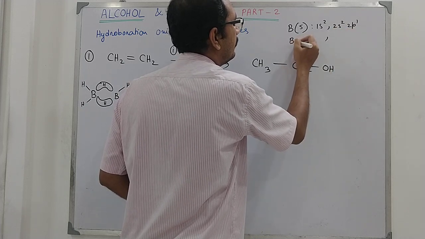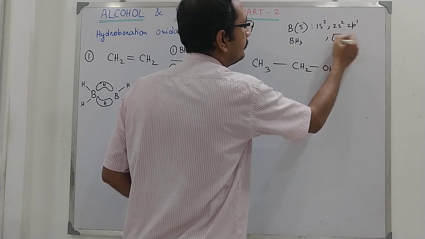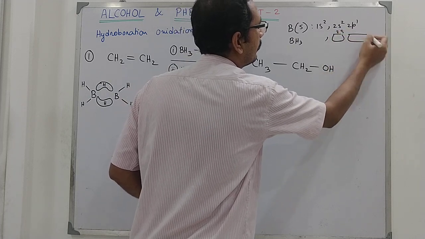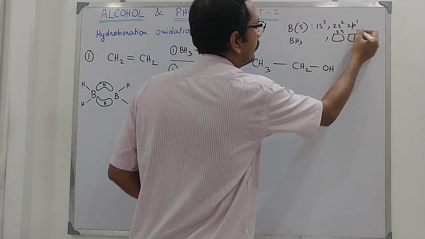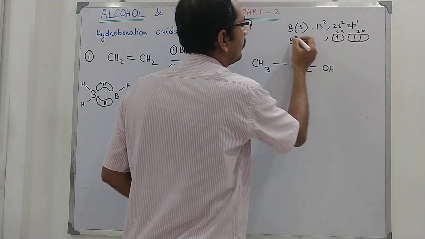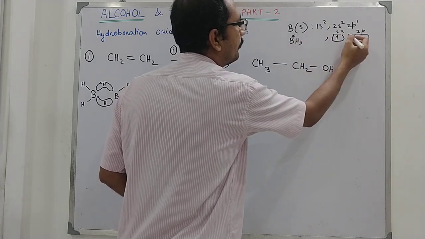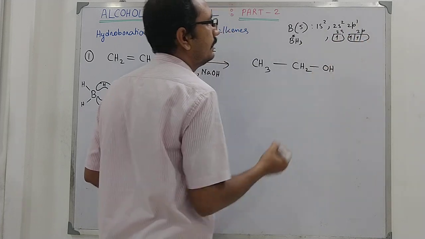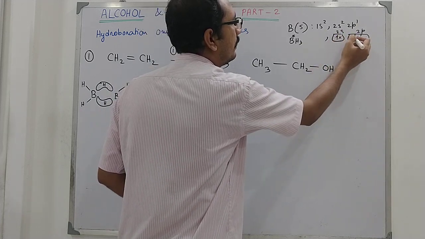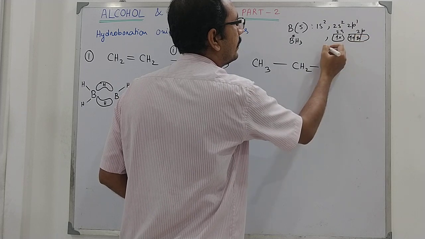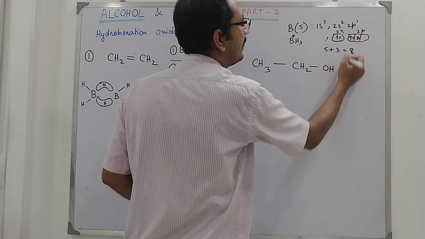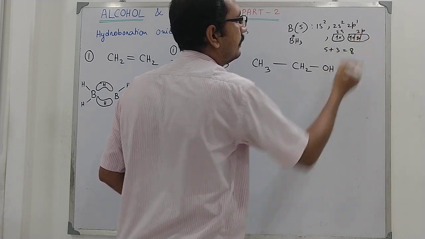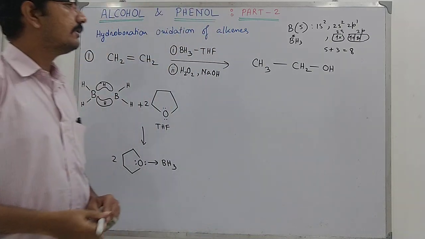Now in BH3, boron will be an excited boron. So this paired electron will get unpaired, and we have 3 electrons from the hydrogen atoms. So in total there will be 5 plus 3 equal to 8 electrons. Now this orbital remains vacant in this compound.